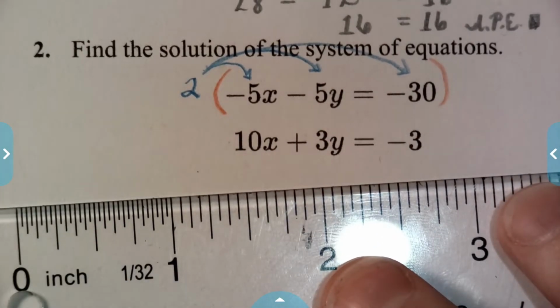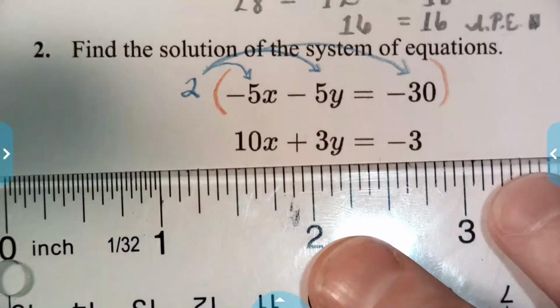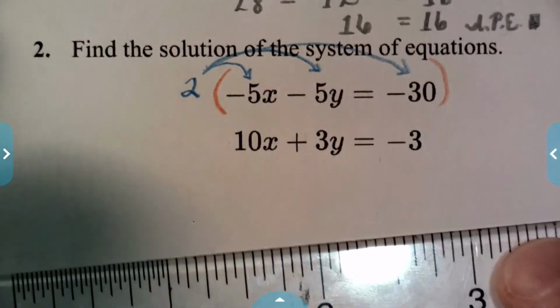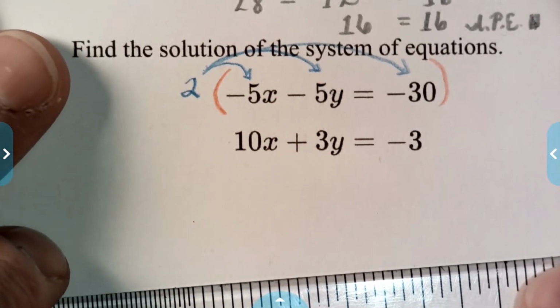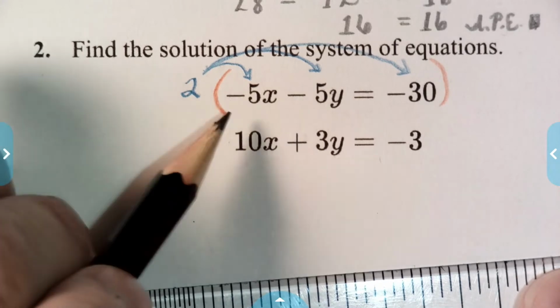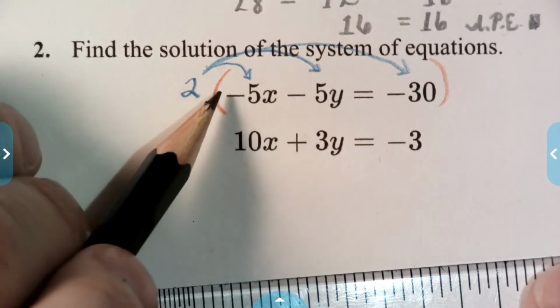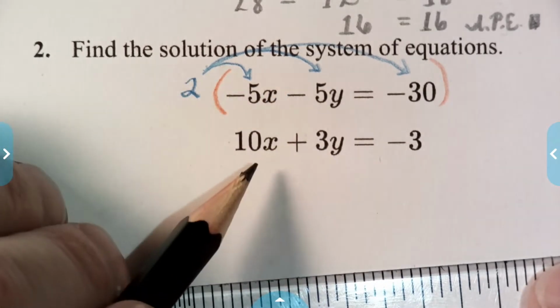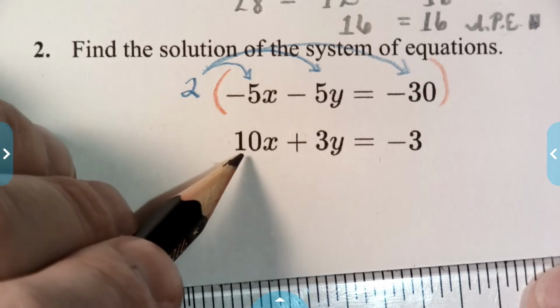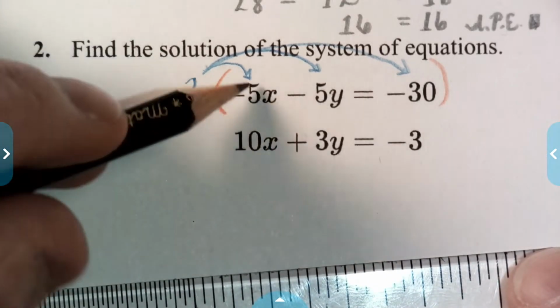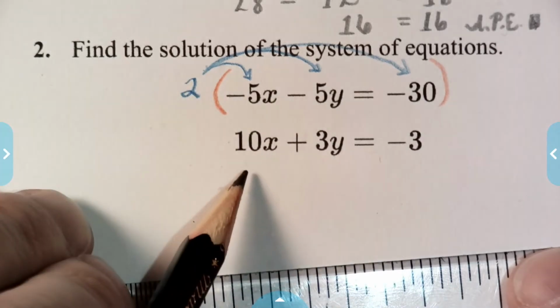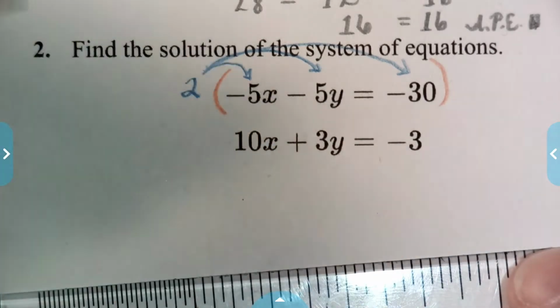So here we go. Now, when you do this, unfortunately, you have to rewrite everything. But when it happens to be the top equation that you're doing this to, you can avoid rewriting the bottom equation by simply placing the result of this distribution underneath this equation. You'll see what I mean.